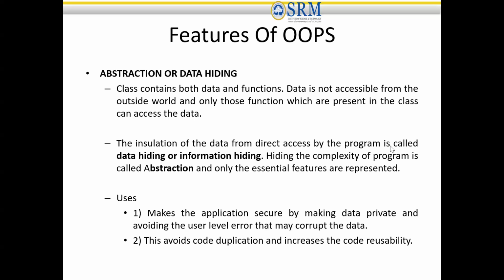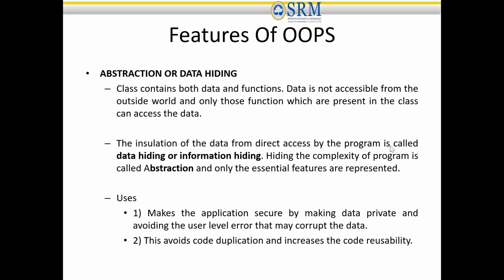Hiding the complexity of the program is called abstraction, and only the essential features are represented. So generally, abstraction means providing the essential information and hiding the implementation detail. That is called abstraction.